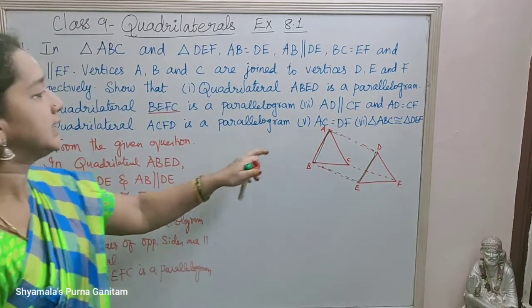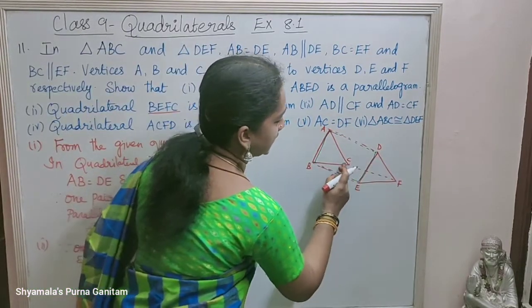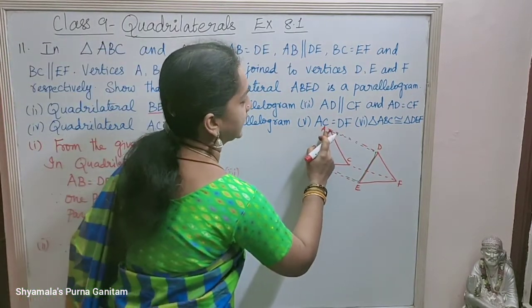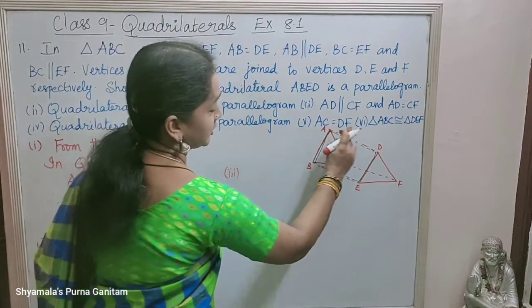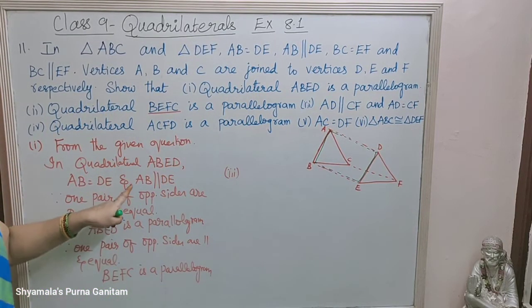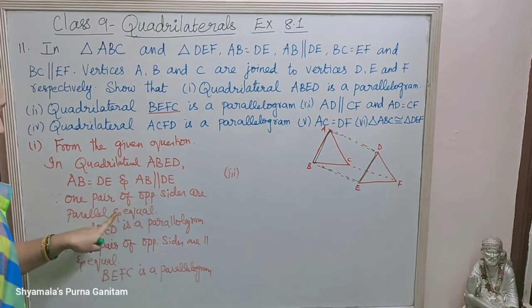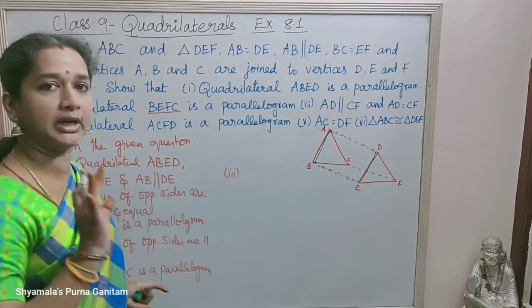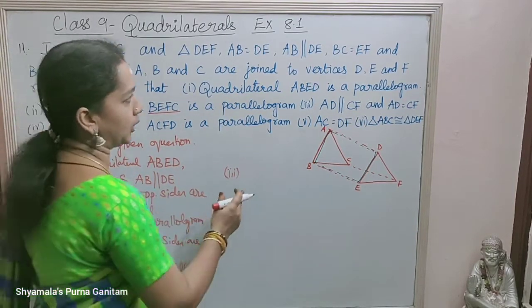Then third one is AD parallel to CF. For proving this, just now we have proved that AD is parallel to BE. How is AD parallel to BE? We have proved that ABED is a parallelogram. Since it is a parallelogram, opposite sides are parallel and equal.